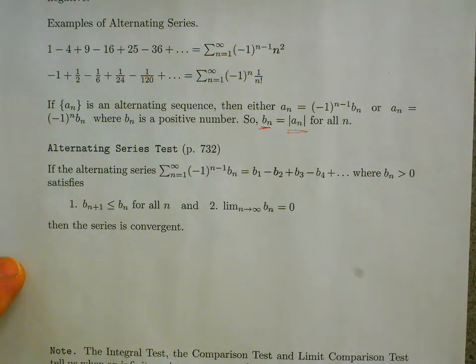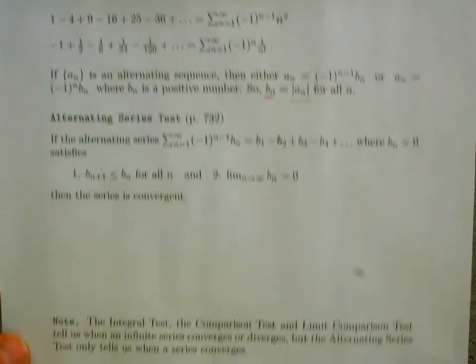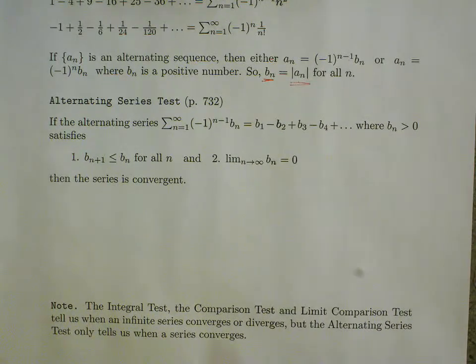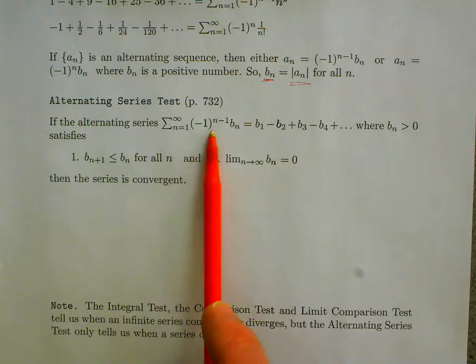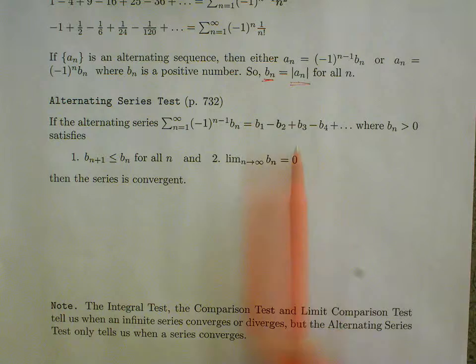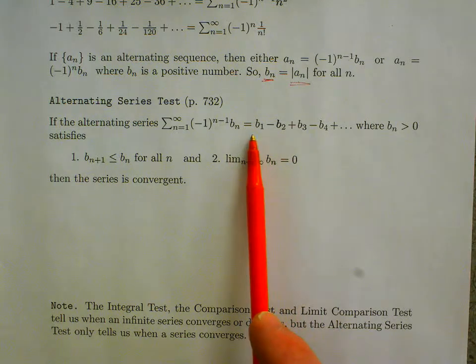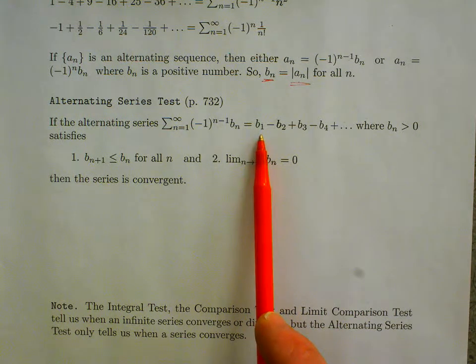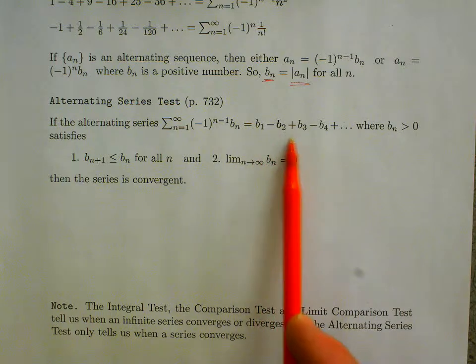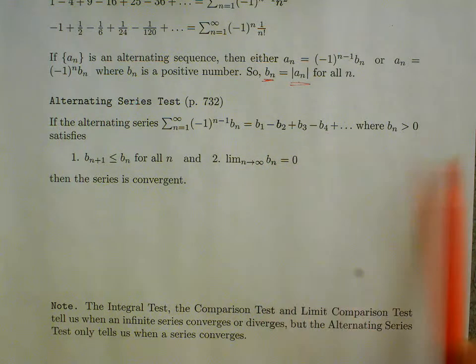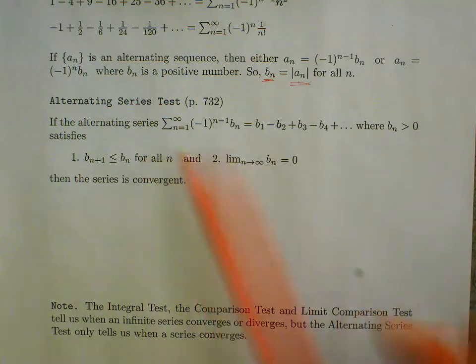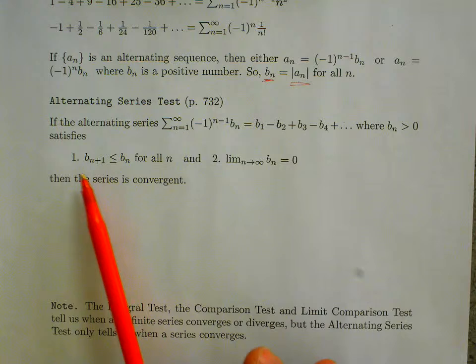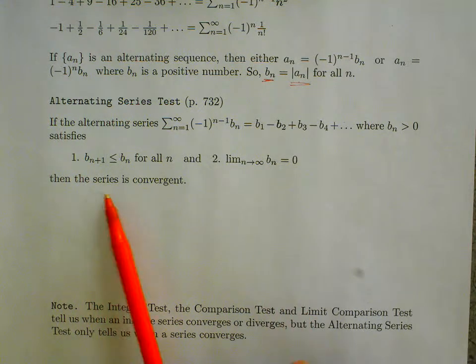Okay, the alternating series test. So if the alternating series, where the terms are negative 1 to the n minus 1 times b sub n, that's equal to b sub 1 minus b sub 2 plus b sub 3 minus b sub 4, and so on, where b sub n is greater than 0, if this alternating series satisfies these two conditions, then the series is convergent.